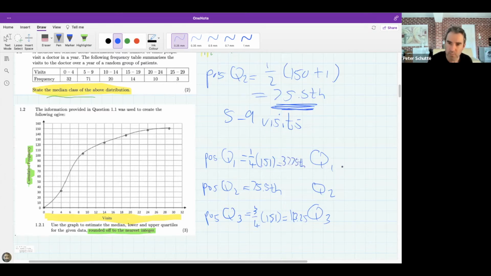Okay, so I've got these positions, but I still need to get a value for these positions. So how would I do that? 37.75. 113.